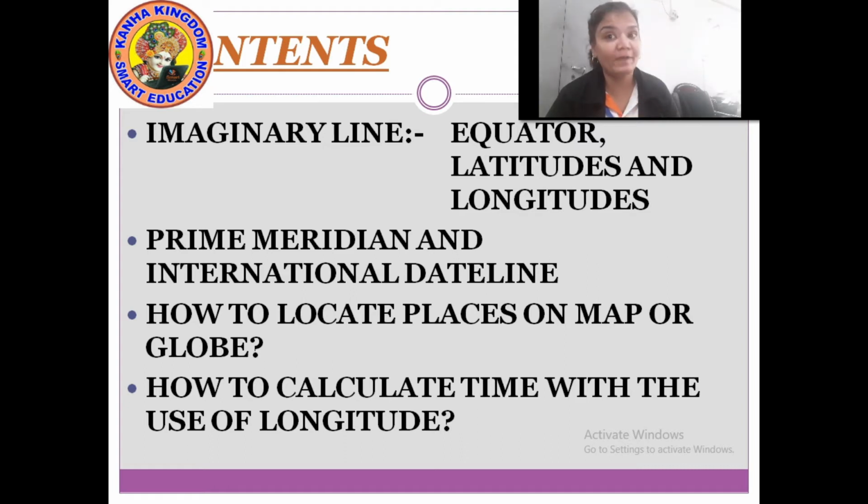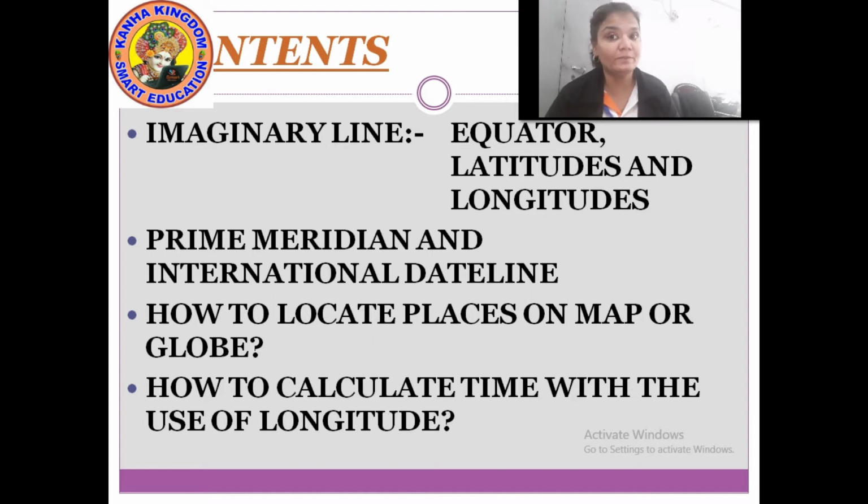Now the prime meridian. Prime meridian is also an imaginary line which divides the earth into 2 equal halves, but vertically, and there are also two hemispheres. One is the eastern hemisphere and the other is the western hemisphere.